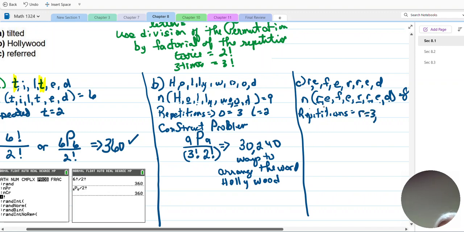And then we have E's. 1, 2, 3. And then F, only one, and D, only one. So those are them. So now we're going to construct the problem.